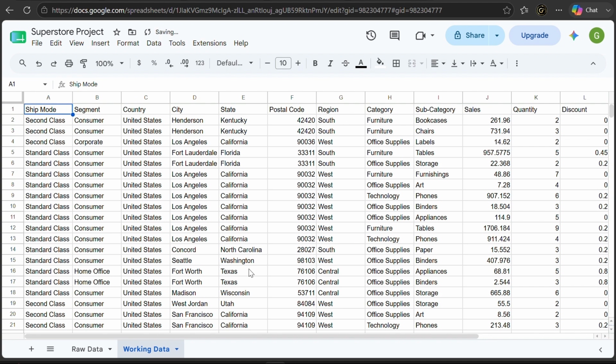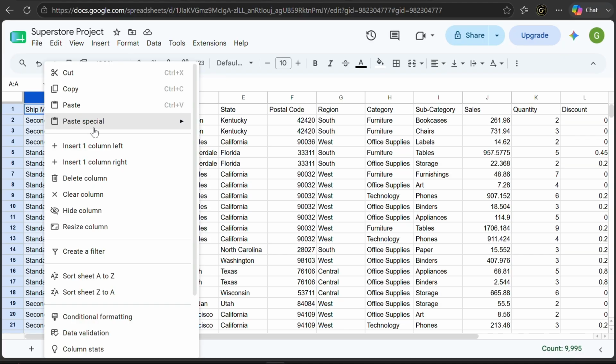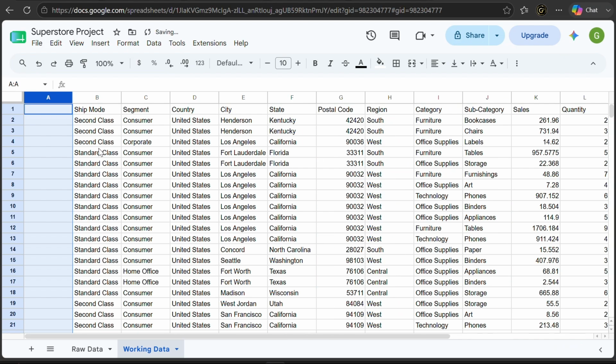The first thing I will do, like what I showed you in the data set I worked on, is add a column at the very front, because this data set has no unique identifier at all. To do that, we are going to use a formula. I'm going to right click on this column and say insert one column left.